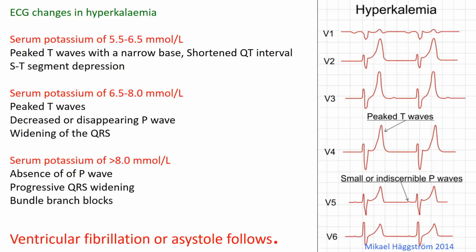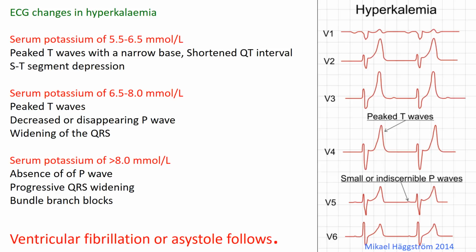But perhaps the exception to that is the monitoring of the electrocardiogram, because there will be changes. So, for example, if the serum potassium is in the range 5.5 to 6.5 millimoles or milliequivalents, we get a peaked T wave.